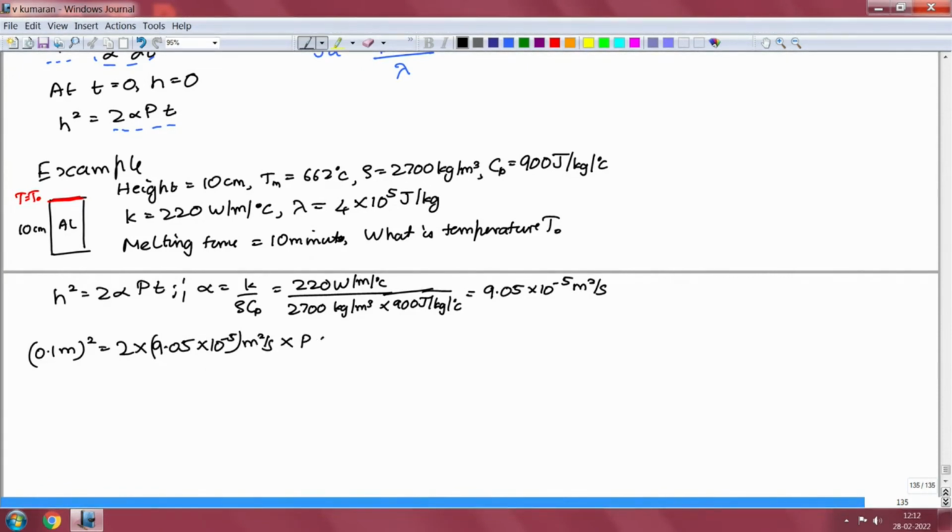Into t, which is 10 minutes, which is equal to 600 seconds.